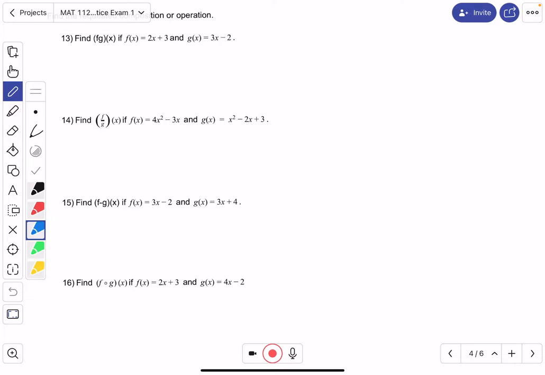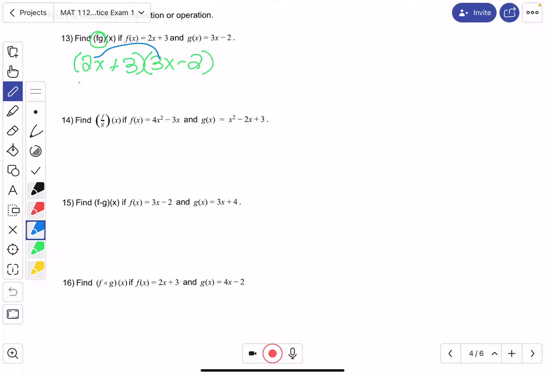13. So now we're working on our compositions and our operations. So f times g means we're multiplying those two functions together. So I'm going to do f of x, which is 2x plus 3, times g of x, which is 3x minus 2. And I'm going to multiply these.